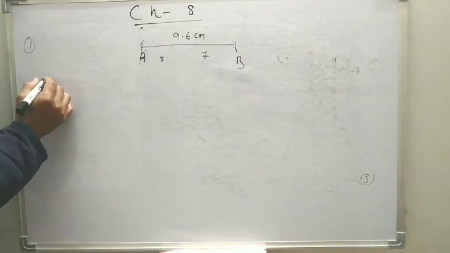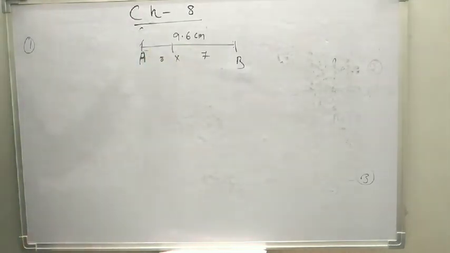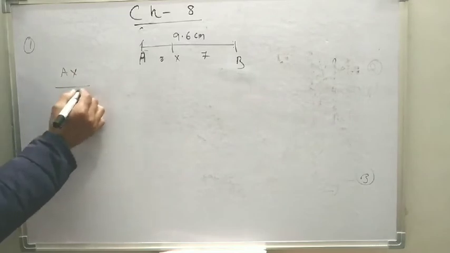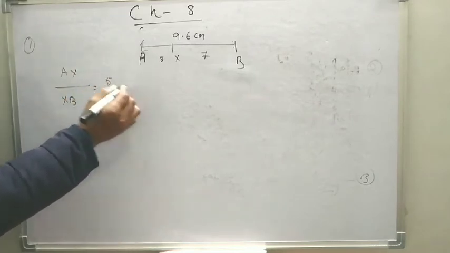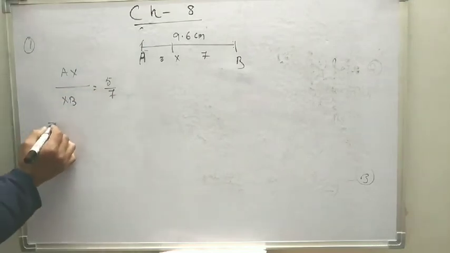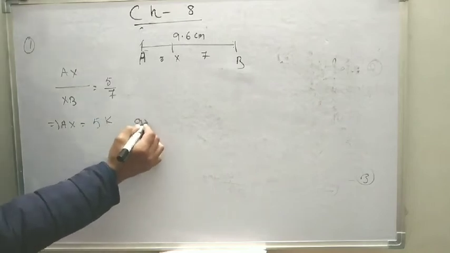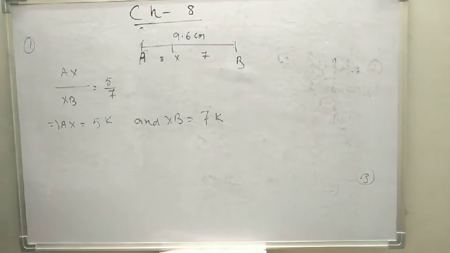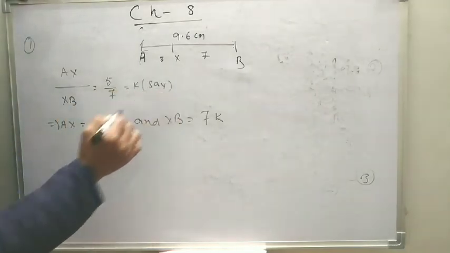So we know that any point which divides a line segment in a given ratio is only one. So therefore we can write down AX by XB is equal to 5/7. Let us take AX is equal to 5k and XB is equal to 7k, where k is common.